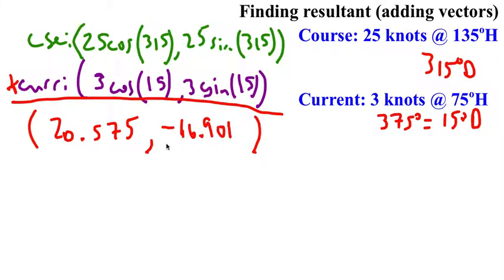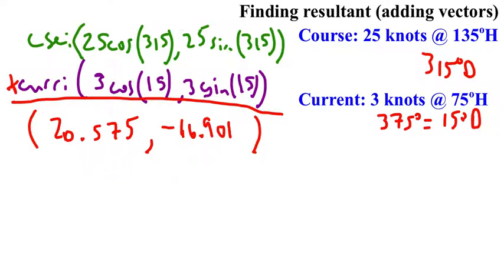These are the components of your answer. So we've got some vector that's going this way, direction 0, 20.575. We've got another vector, direction 270, at negative 16.901.